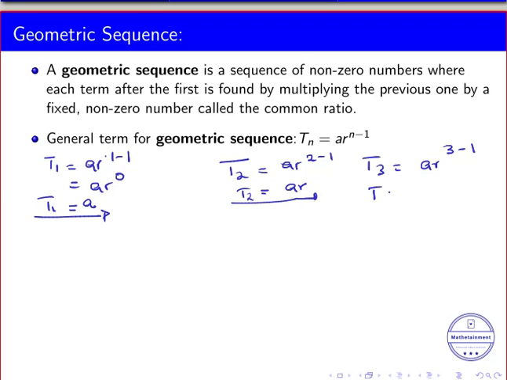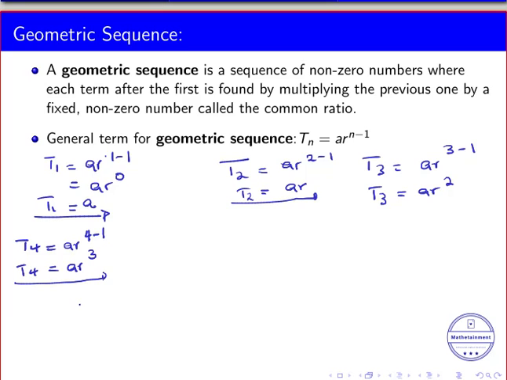So my term number 3 becomes AR to the power of 2. Term number 4 is equal to AR. When I see n, I replace it with 4 minus 1, which is AR to the power of 3. That one is term number 4.